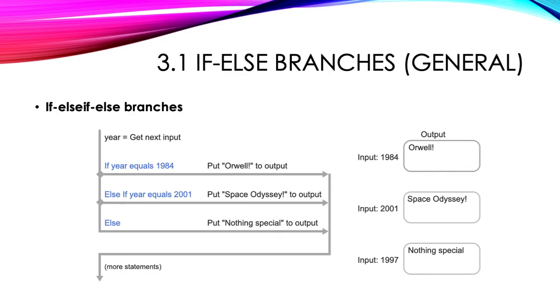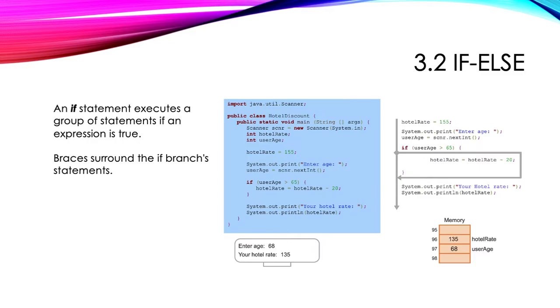Right. Next, we take a look at the code, for example. As we mentioned earlier, the if-else statement executes the truth. So in this case, you import the utilities, the class, which is the file name, the main program.